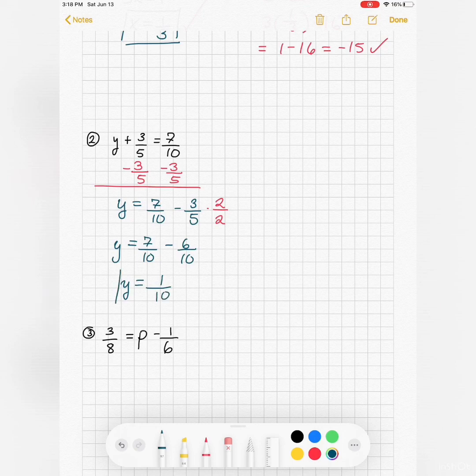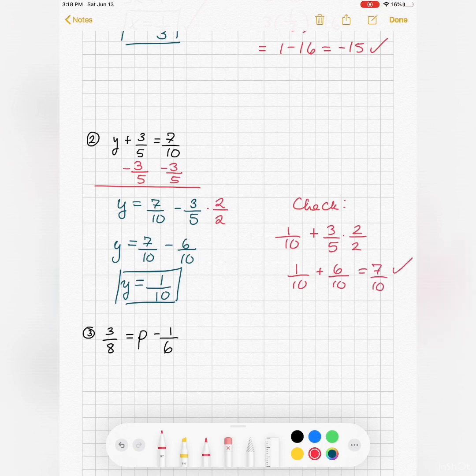One-tenth. And so if I look at checking that, I go the y plus 3/5. Let's see what that would be. So I'd multiply by 2 over 2. I get 7/10. And so that does check.